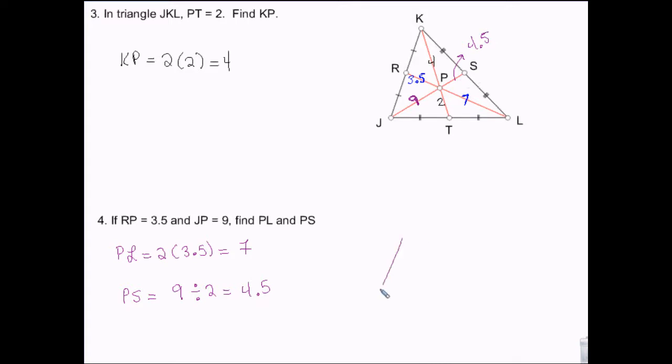So here's the same line. Let's just say that's J, here's S, here's P. This part right here would be 4.5, then this part is 4.5, and then this part is 4.5. So you get 3 equal segments, but altogether, this ends up being 9 because it's 2 segments.